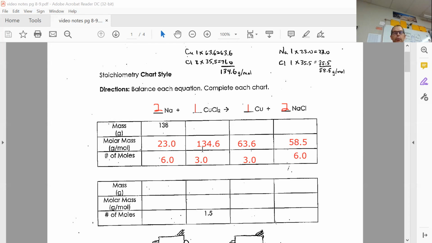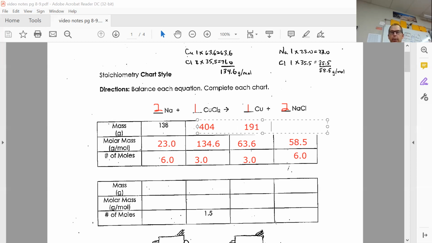So then 3 times 134.6, I multiply that through, and I get 404. And then I carry this 3 times 63.6, and I get 191.